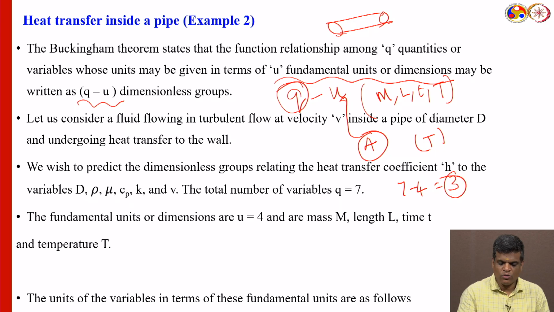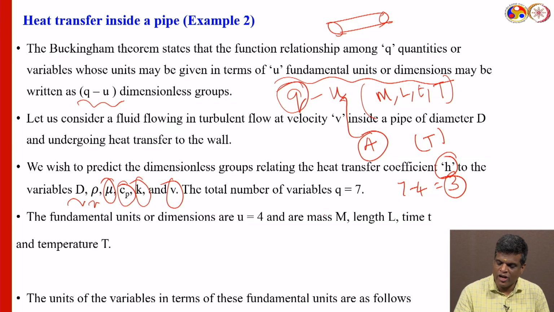Again, what are the variables for this problem? We assumed heat transfer in turbulent flow, and how the dimensionless numbers behave here. H is the heat transfer coefficient, D is the diameter, rho is the density, mu is the viscosity, Cp the specific heat, K the thermal conductivity, V the velocity.